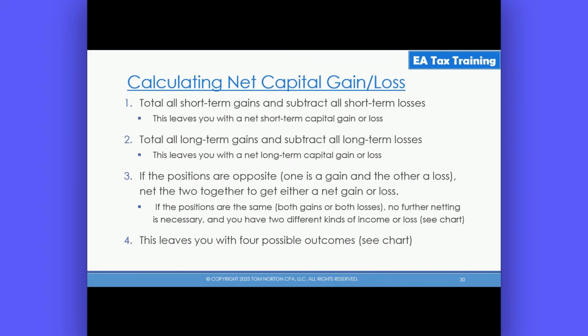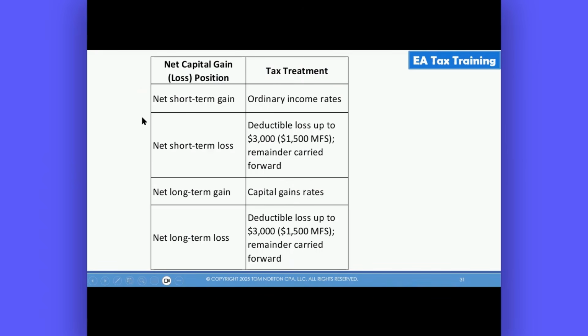And we're going to lay this all out on a chart on the next slide so you can see what it looks like. So this leaves you with 4 possible outcomes. So you could end up with a net short-term gain. If you have that, those are taxed at ordinary income tax rates because it is short-term. You could have a net short-term loss. If you have that, then those losses are deductible up to $3,000, and any remainder is carried forward.